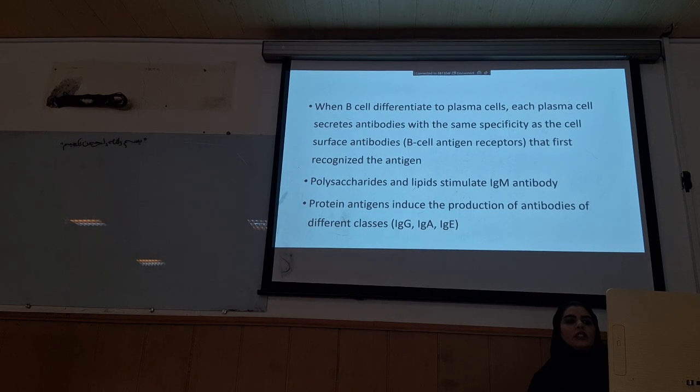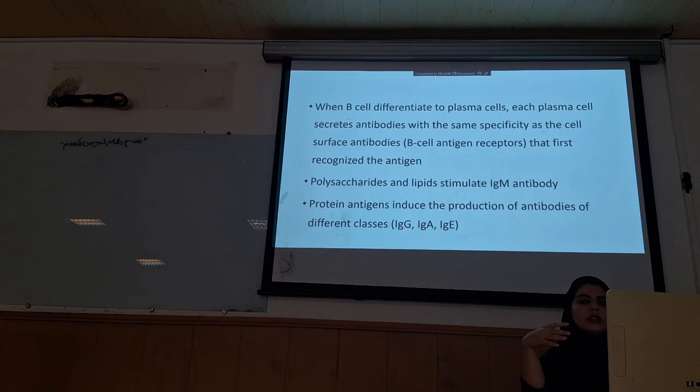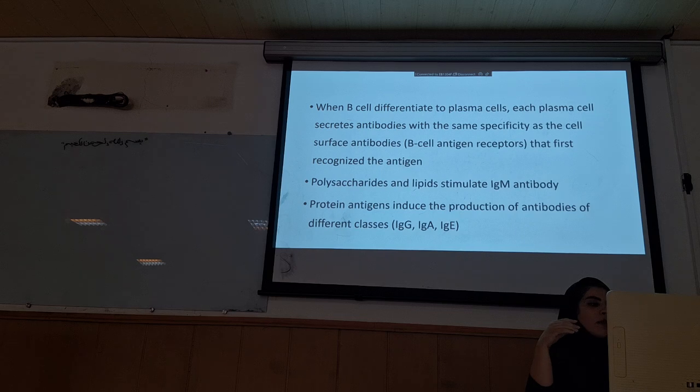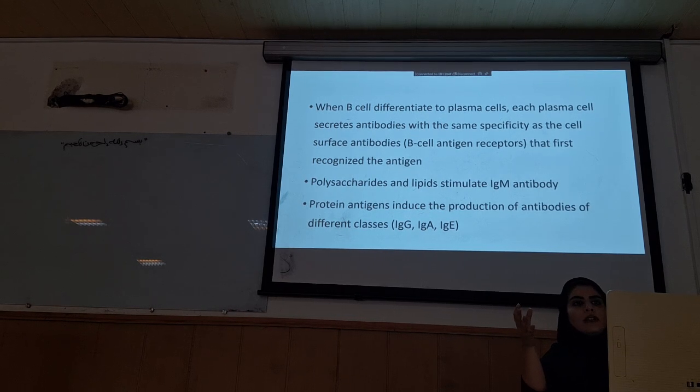Protein antigen induces production of antibody of different classes: IgG, IgA, IgE. So first you have an IgM antibody as B cell receptor, or probably IgD. Okay, but your body should produce different types of antibody, for example IgA, IgG, IgE against some protein antigen.